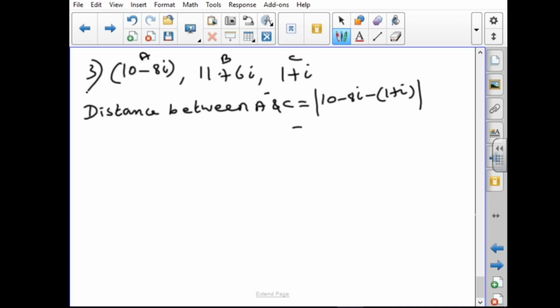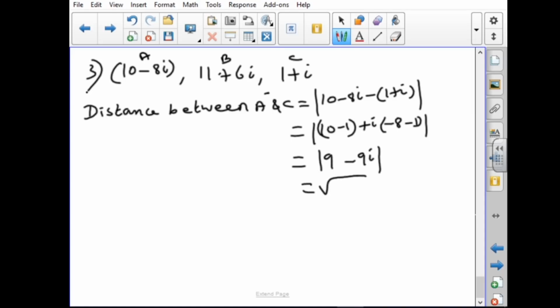So it gives us modulus of (10 minus 1) plus i into (minus 8 minus 1). So it is equal to modulus of 9 minus 9i, which gives us root of 9 square plus 9 square, which is equal to root of 81 plus 81, which is equal to root of 162.